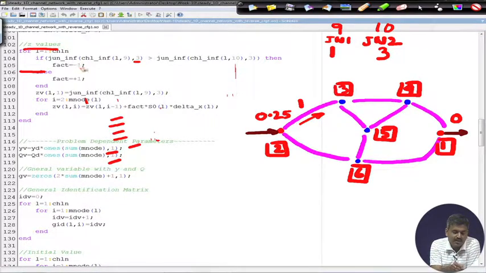So, we will consider this factor is -1. If the elevation is decreasing, obviously I should multiply this factor with S naught into delta x, so that I can reduce this value here.